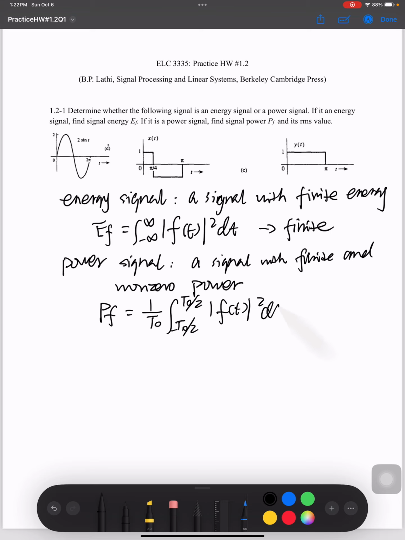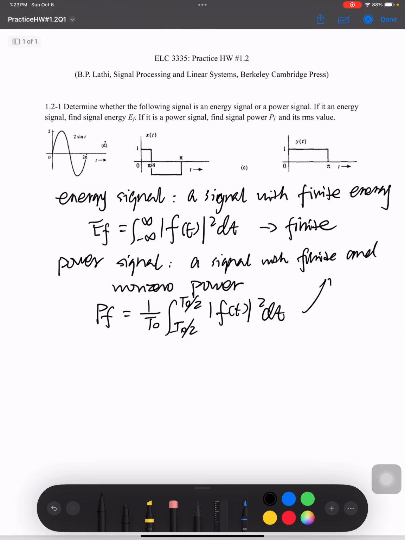This value is finite and non-zero. So now we know the definitions of these two types of signals.